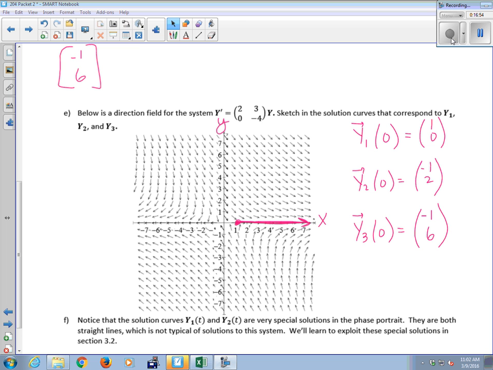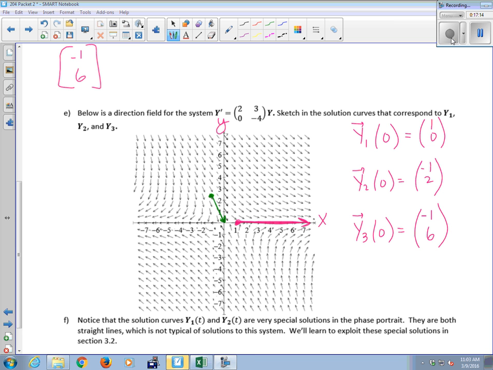Okay, and then y2 has as its initial condition (-1, 2). Does that approach 0 or does it approach the negative x-axis? It approaches the origin. It just goes straight in towards the origin. It looks like it would go towards it and then hook left all of a sudden.